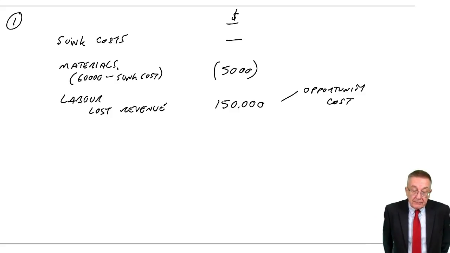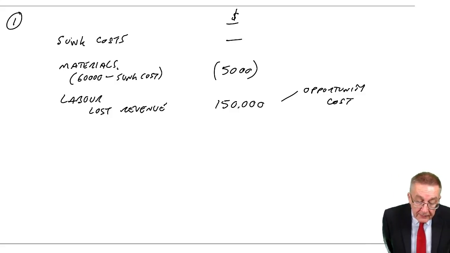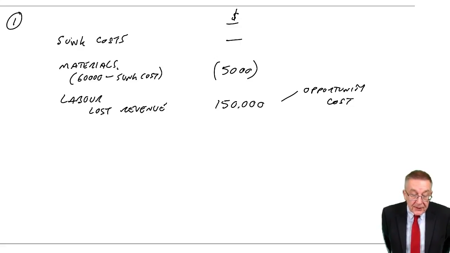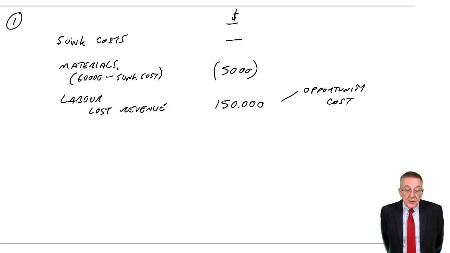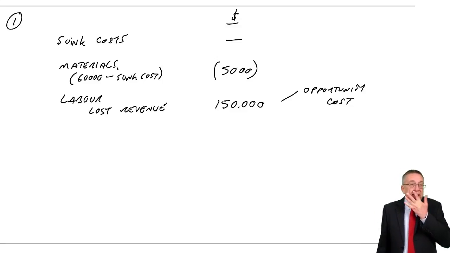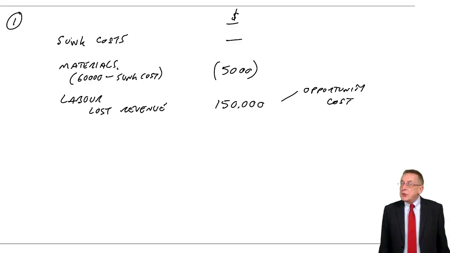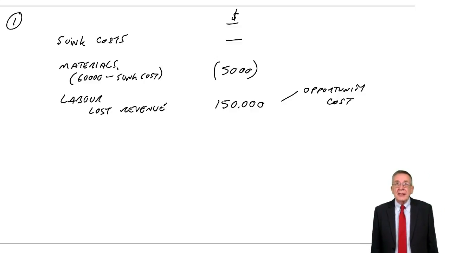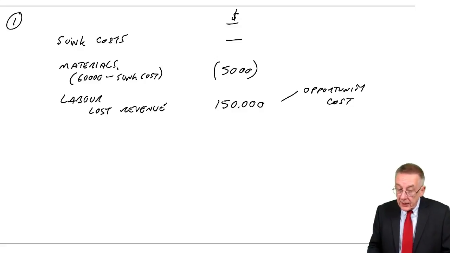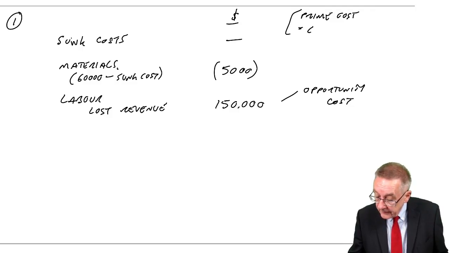However, there's more involved. The prime cost of these sales would be 100,000, including 40,000 for the labour. Now, I doubt he'll use the word prime cost in F9, but you should be aware from paper F2, in fact, that the prime cost is labour plus materials.